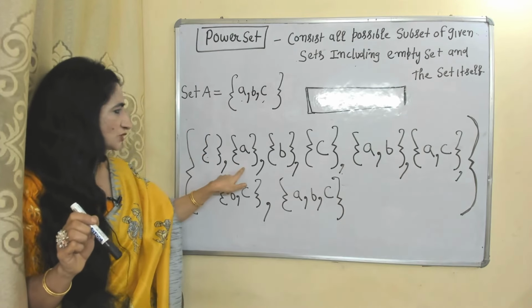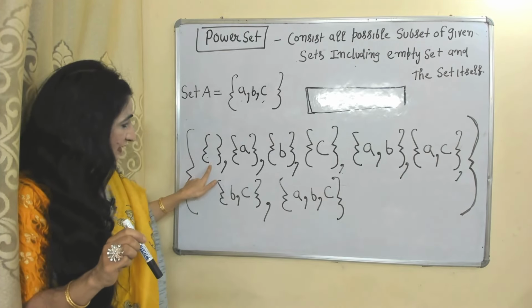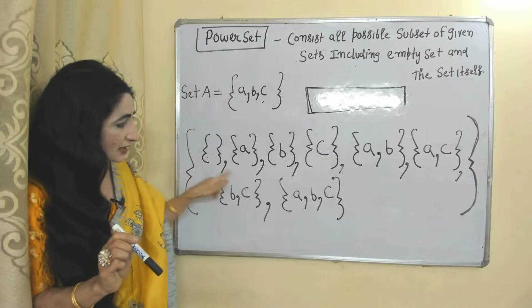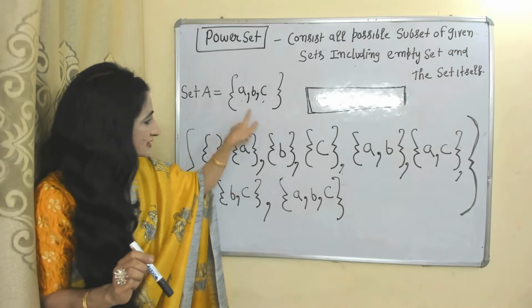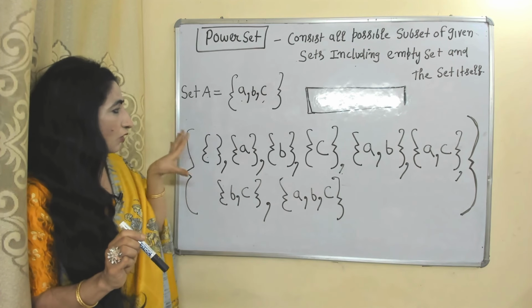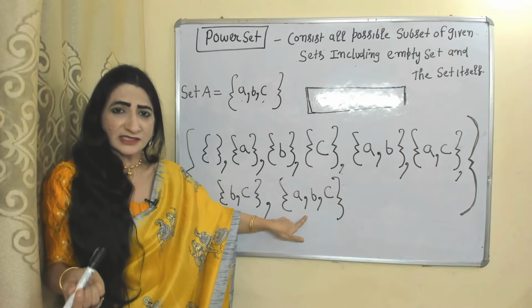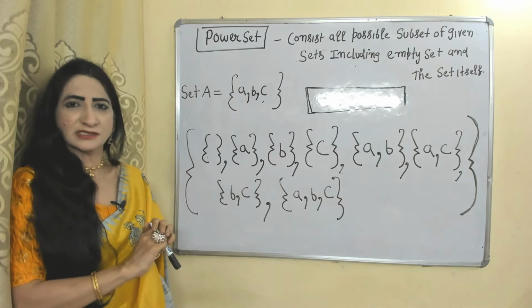These are all possible subsets of the given set. This one is the empty set, and this is the set itself. So this set consists of all possible subsets plus the empty set plus the set itself, so it is called the power set.